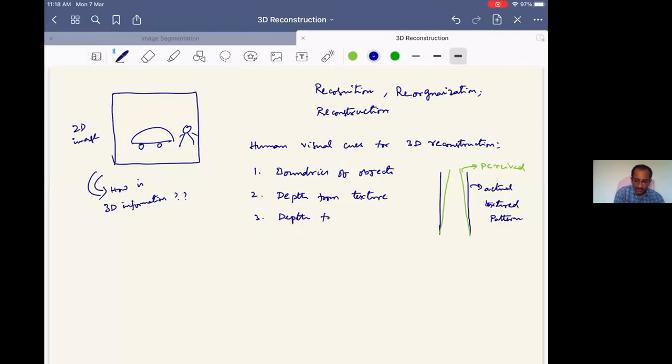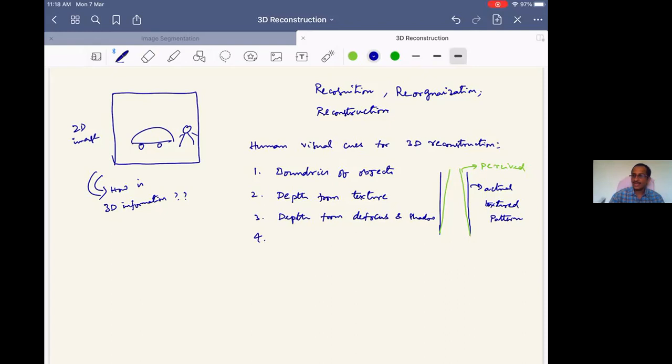What else? Similar to shadow, what else? Can the size of the object also affect? What do you mean by size of the object? Based on the size of the object in the 2D image, if the object is of smaller size, it can be at a farther distance. Okay, that's what we are trying to get a sense of.